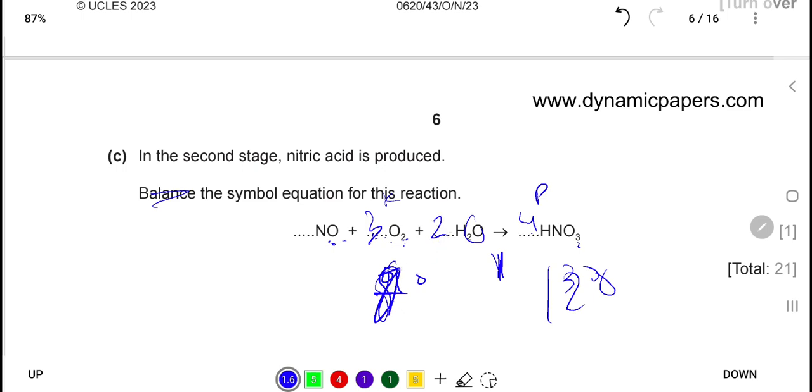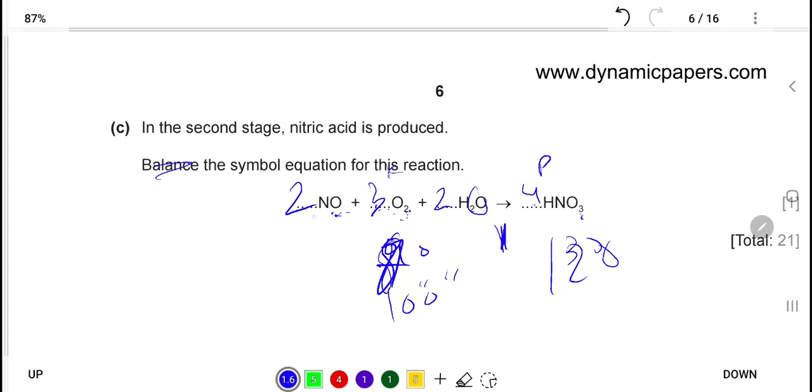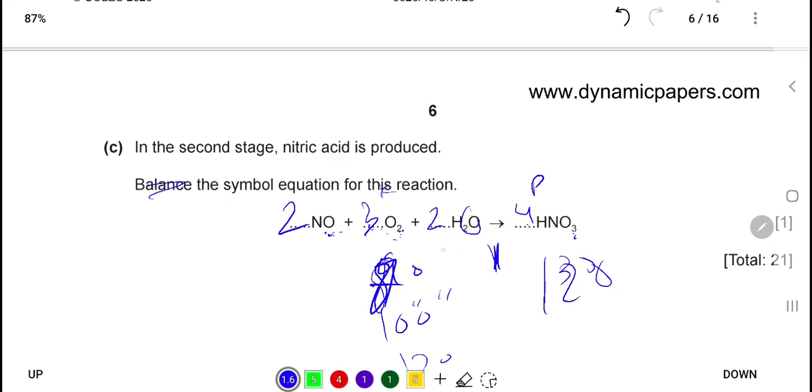It's now 8 here, so 6, 7, 8, 9, 10. There are now 10 O, so I need to make it more. What if I add another one? Now 2 with the 1 is 2. It's now 12 O. Let's check the hydrogen since we changed it.